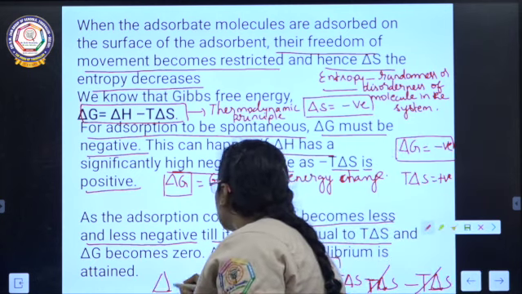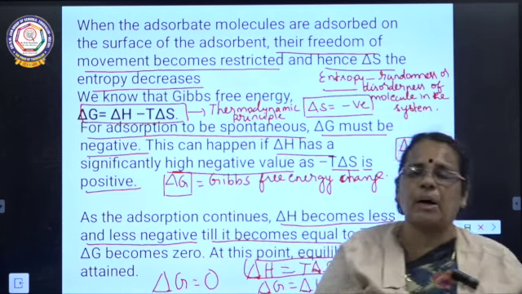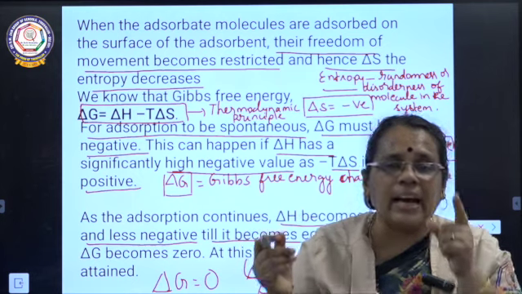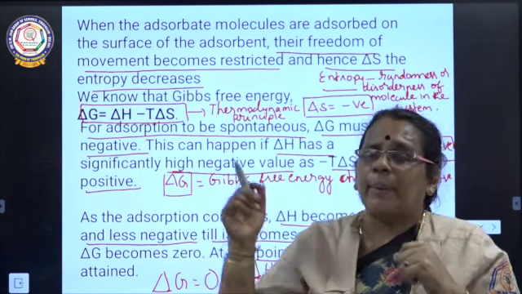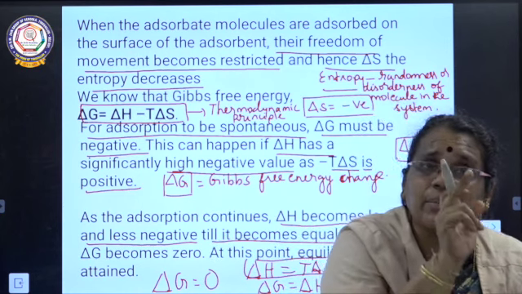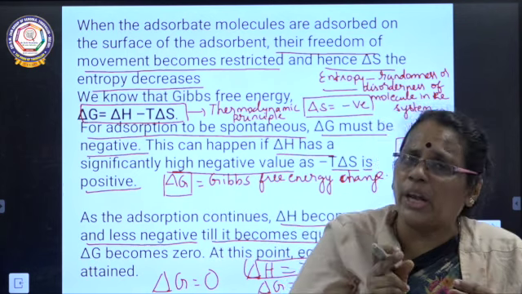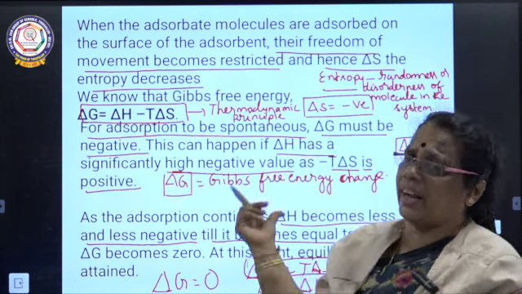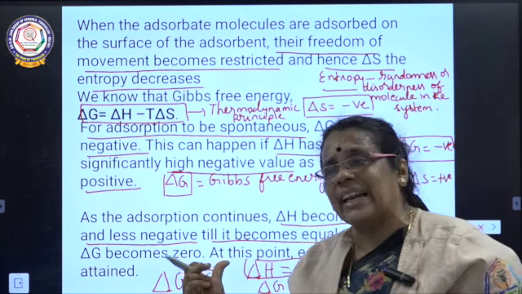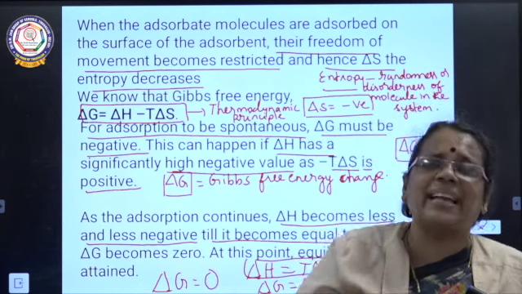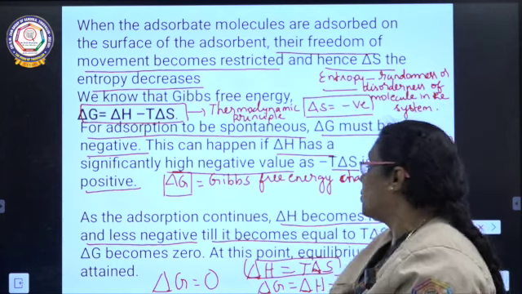Therefore, delta G is equal to 0. So delta G becomes 0 when delta H has less and less negative value, and at a particular point delta H becomes equal to T delta S. What is delta G? 0.